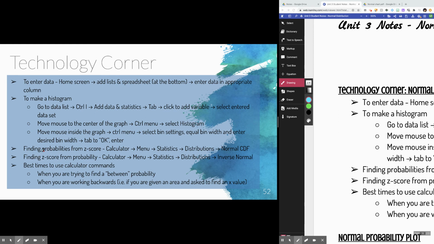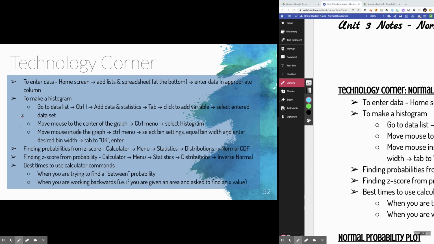If you use your calculator, you will get exact values. Your z table is going to give you values that are very, very close, but may not be exactly exact, because a table would be too big if we listed every single possible probability. But your calculator can do that for you. It has that kind of computing power.